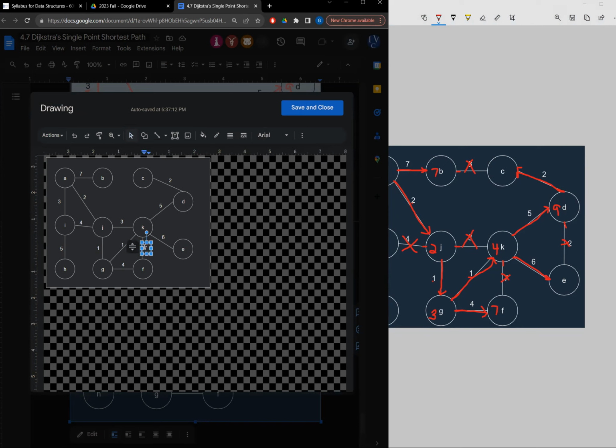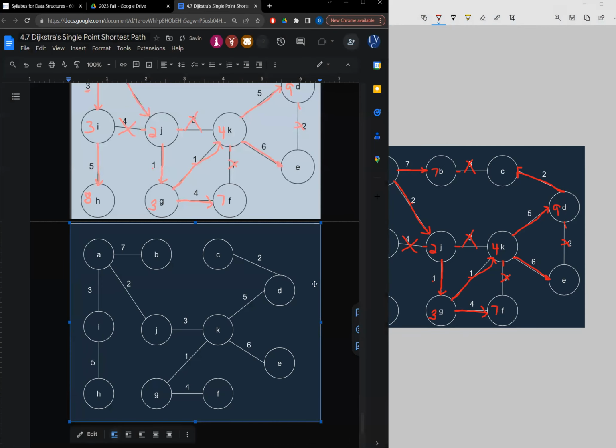This went away. That went away, and there's our tree. A is the root node, has 3 children. J has 1 child, then K has 3 children. G's got 1 child, D's got 1 child, and then I had 1 child.